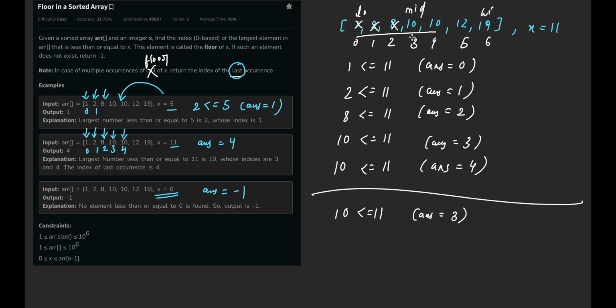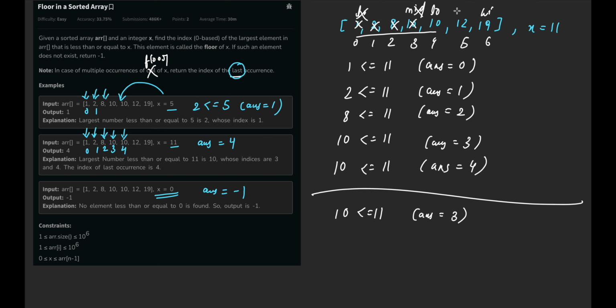Why? Since we are asked to get the highest possible value, which is just smaller than or equal to 11, it won't be feasible to search in the lower search space, because every element there would be smaller than 10. So we can discard the left half, and we can proceed by moving the low pointer to mid +1.